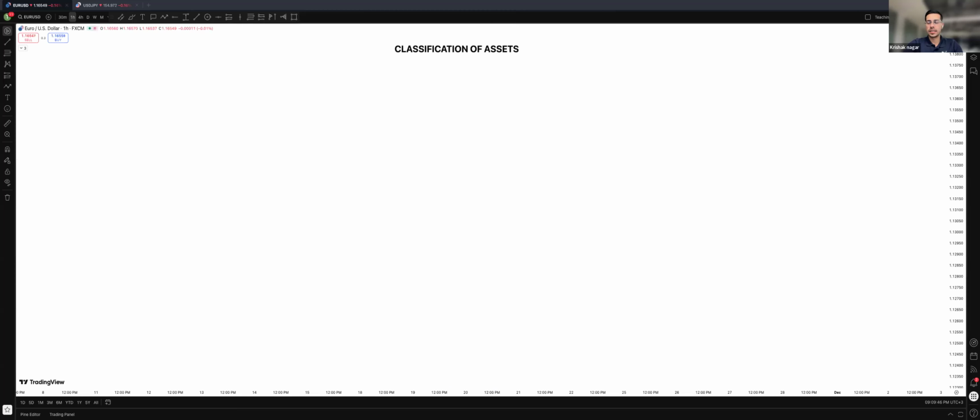Now, when we talk about assets, let us give 1 minute to everybody and ask them what the different types of assets are that they are aware of. I hope the chat box is open for everybody so they can drop their answers in the chat box.